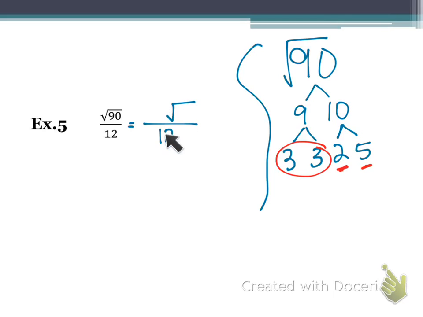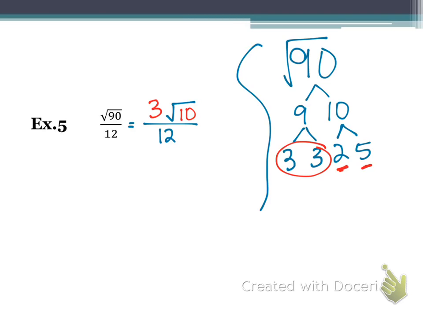Okay, so when I go to fill in over here, what's going outside? 3. What's going inside? 2 and 5, or I could go ahead and make that a 10. 2 times 5 is 10. If you need to do it one step at a time, that's fine. But I am confident in most of your ability to multiply 2 and 5 back together right away.